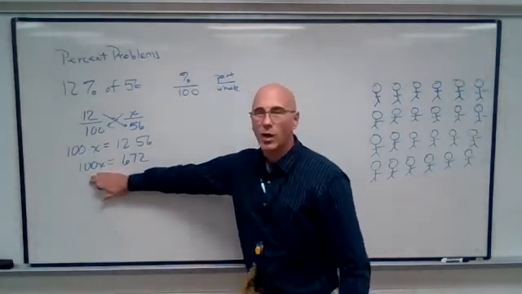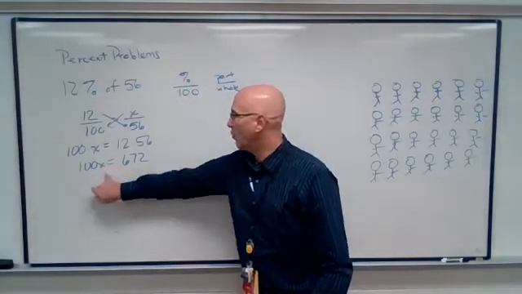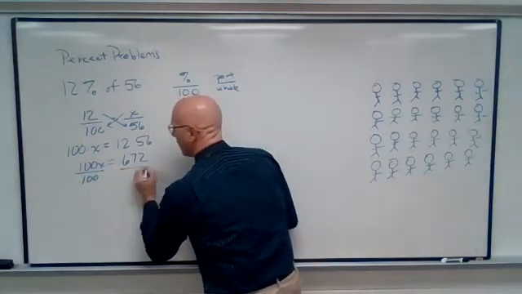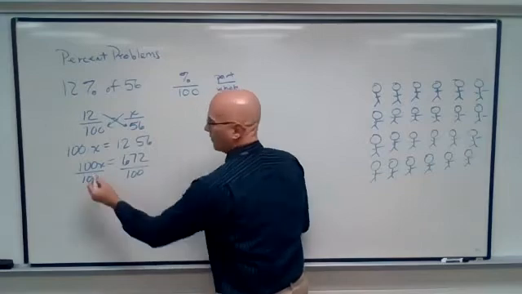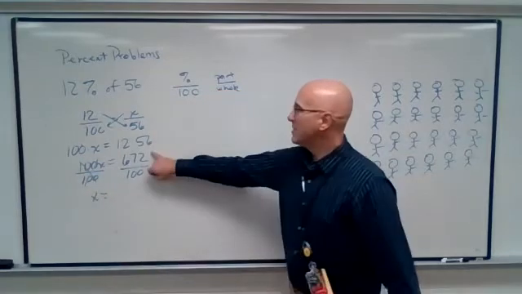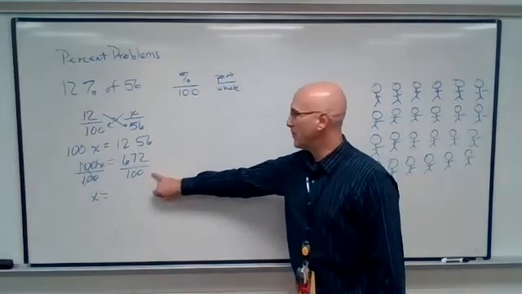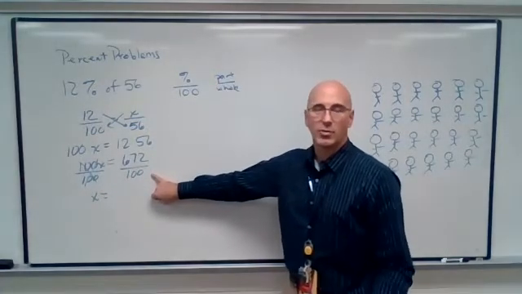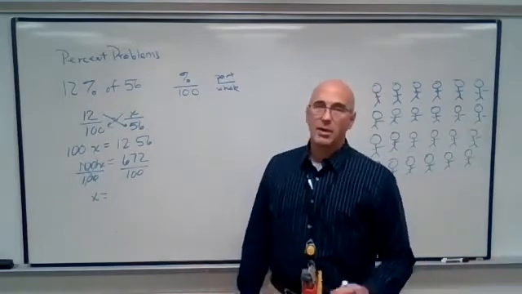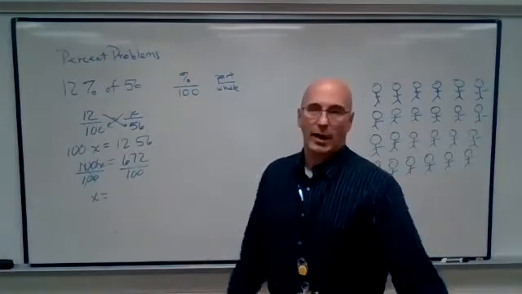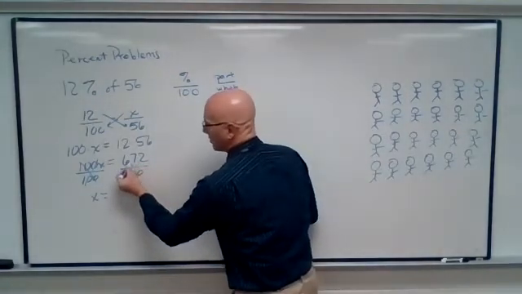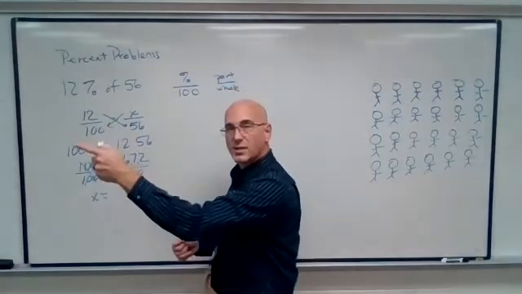And now we have a one-step equation with multiplication. So we are going to divide by 100. This drops off, and we're left with 672 divided by 100. We could write this two different ways: as a decimal or as a mixed number. Let's just keep things as decimals for right now. When we divide by 100, we move the decimal point two places to the left.